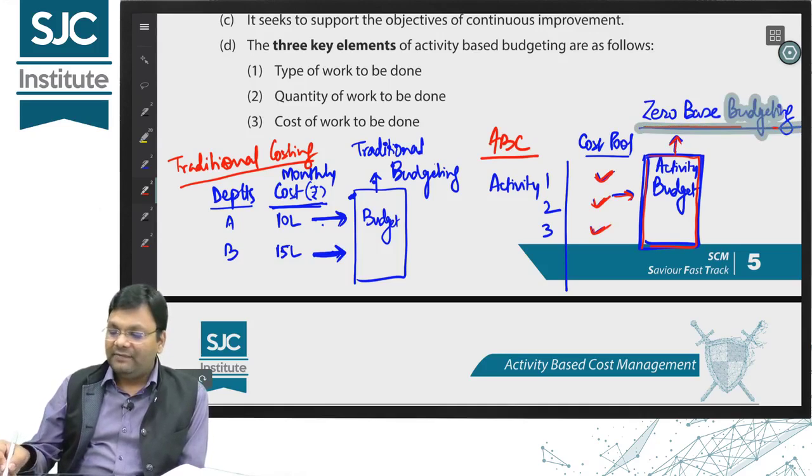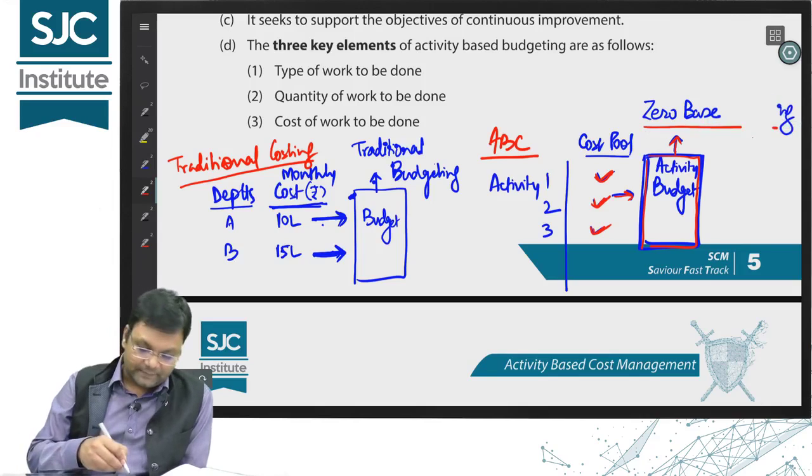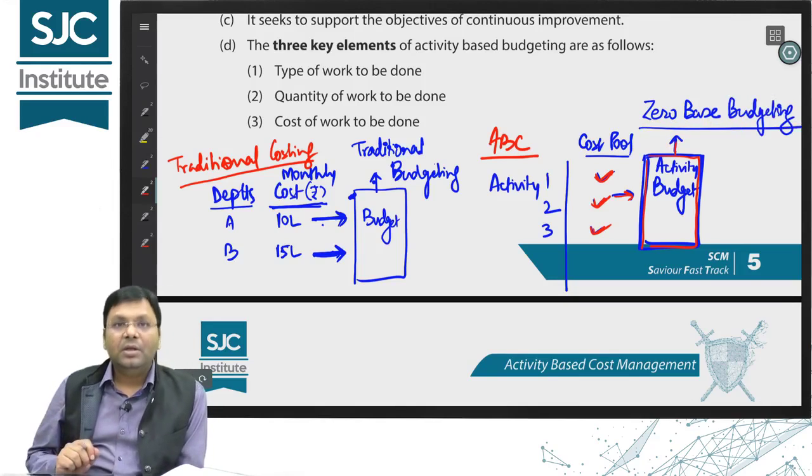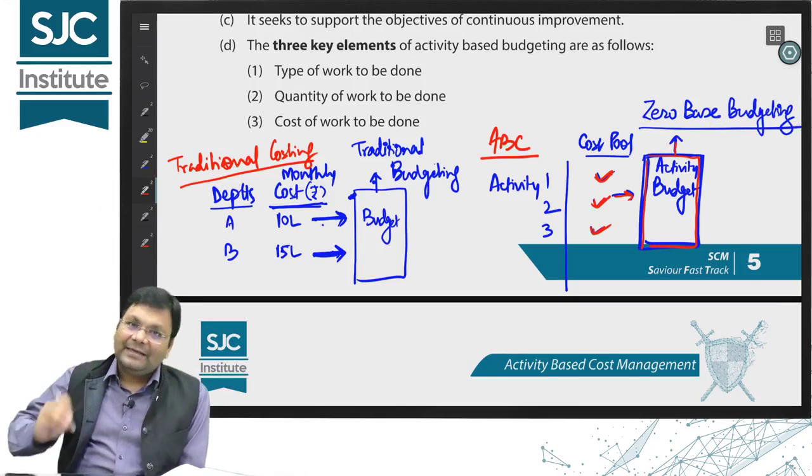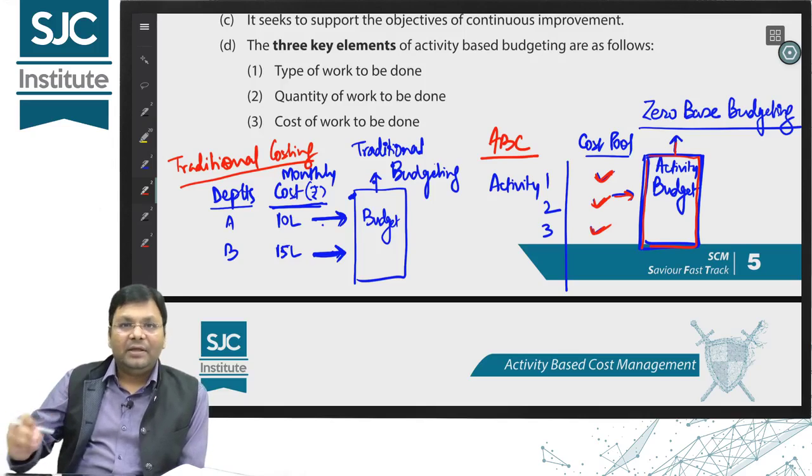Now interestingly, when we write the answer, we don't talk about zero-based budgeting because we are not studying the budgeting chapter right now. But we write the underlying meaning of the concept.